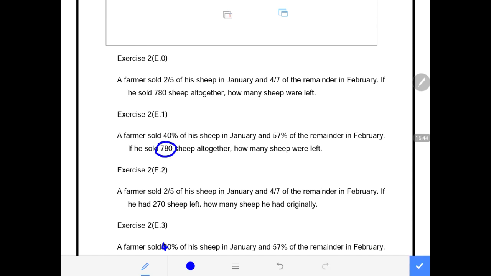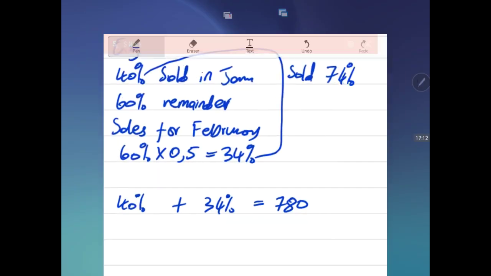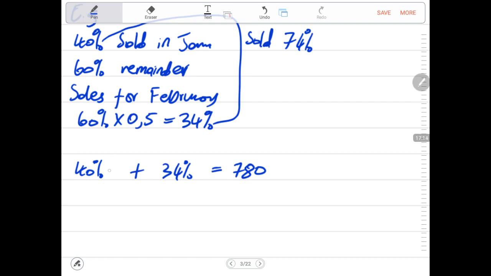But in terms of percentage, it is 40% plus 34%. I hope you get me when I say 34% above the 57%, because it is the remainder of 60 times 0.57, which gave us 34%. So the sales of February are 34%, because 57% of 60% is 34%. Let me leave it there. Hope you are not confused. 40% of what? 40% of the sheep that he had, and 34% of the sheep that he had.